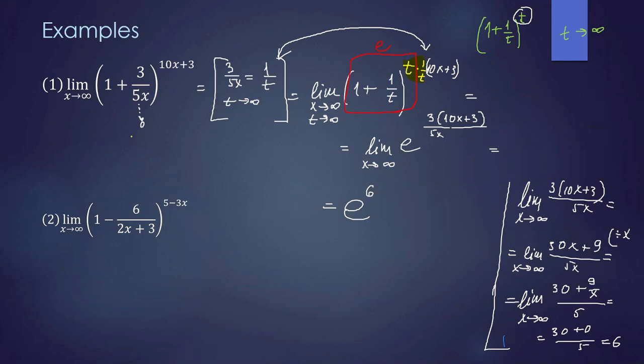Same goes on here. So I have 1 plus something that tends to 0. All right. I will denote that something which tends to 0 as 1 over t. And then I'll see what happens to the rest. Of course, everything must fit together correctly. But the thing is that we are thinking about what form we want. Aha, we want 1 over x. All right, let's make it 1 over x, or in this case, 1 over t.